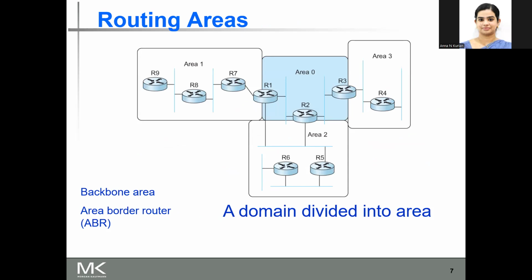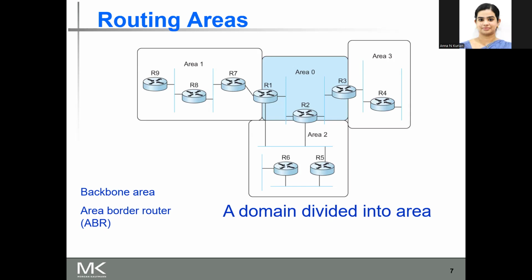That means they divide the routing domain into various areas or subdomains, known as areas. Area is a terminology in OSPF, Open Shortest Path First routing. We use the terminology throughout this module.